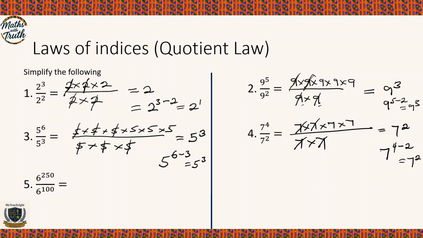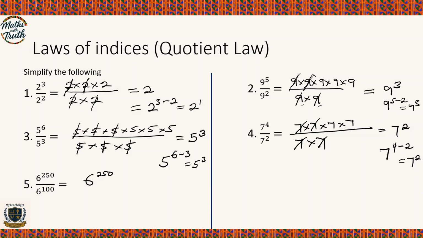So now we can start seeing the pattern, right? And so we're going to apply the same reasoning, the same pattern, to example 5. Here we will have 6 exponent 250 in the numerator, and then 6 exponent 100 in the denominator.